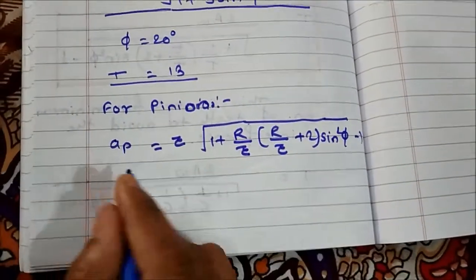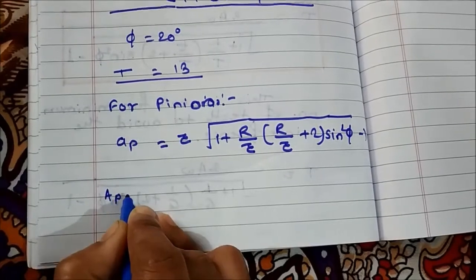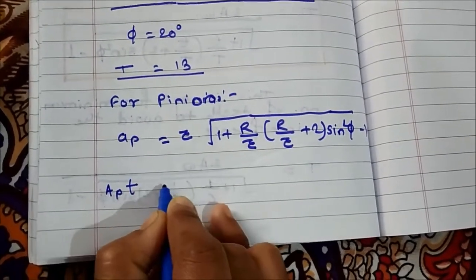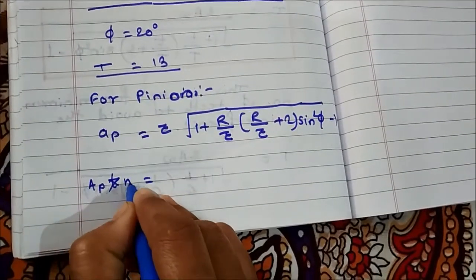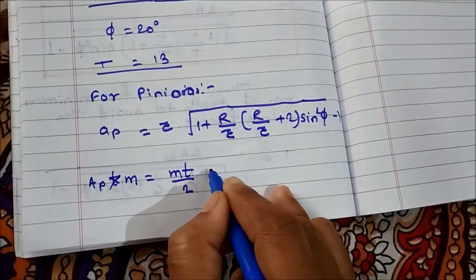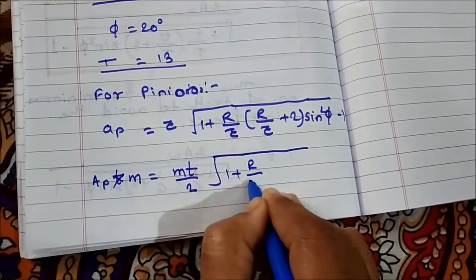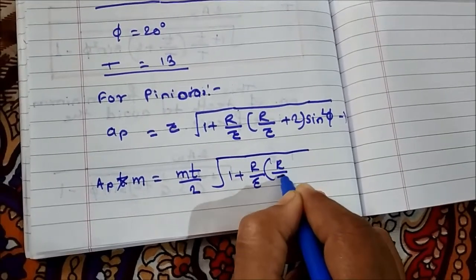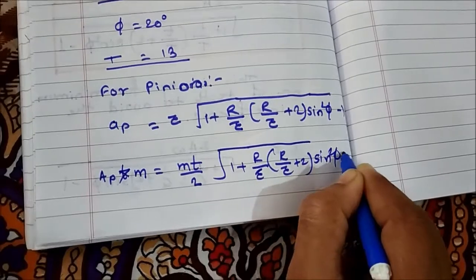So again let's simplify this. It becomes AP into m is equal to mt by 2 under root of 1 plus capital R upon r plus 2 sine square phi, minus 1.